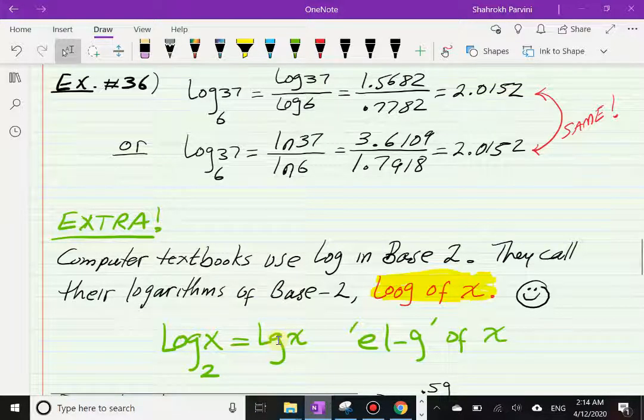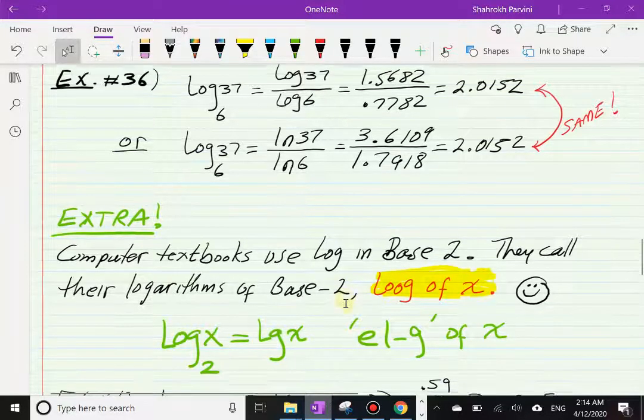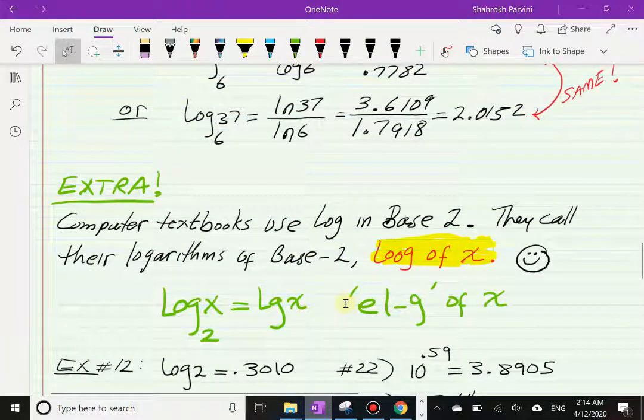Remember, natural log is ln, common log is log with no base. Well, the computer scientists said, why don't we do the same thing? They removed the o in log and turned it into lg of x. And in fact, that's how they read it. So those are the only ones that I can think of that are actually famous and are used quite often in textbooks.